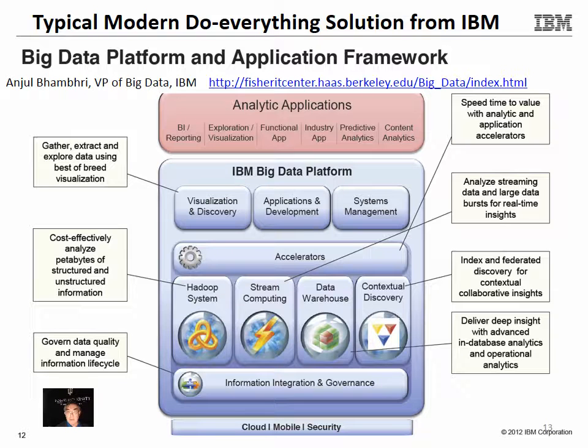If you look at a standard talk from a big company, they will do everything. Here's the IBM Big Data Platform. It has Hadoop, it has streams, it has warehouses, and it has semantic technologies. And it has visualization, it has acceleration, it manages everything, and puts in lots of different applications.